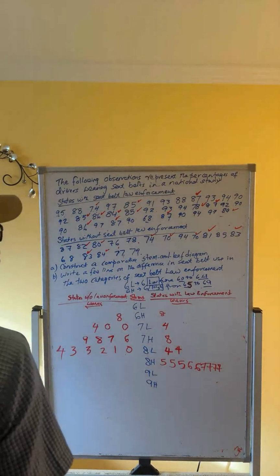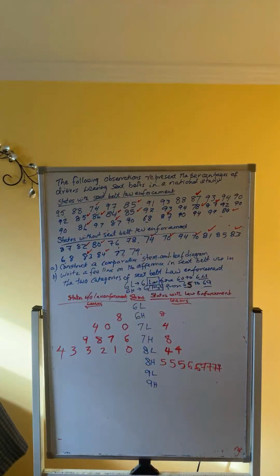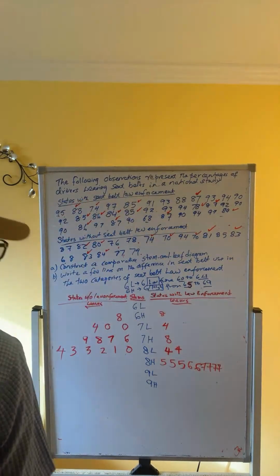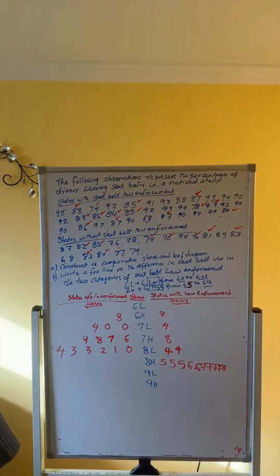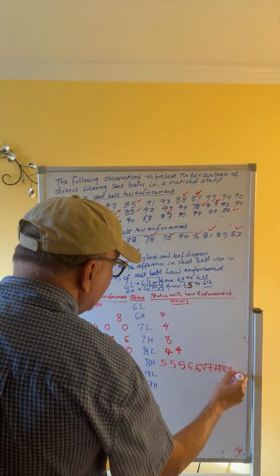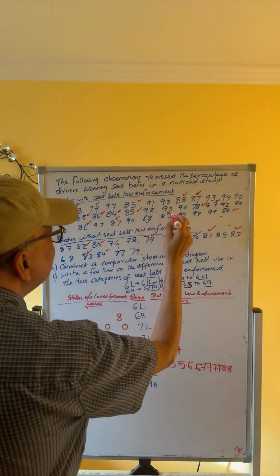All the 87s are gone. Now we are looking for 88. There is one 88 over here. There is one 88 over here. Second row we are looking. Any 88s?